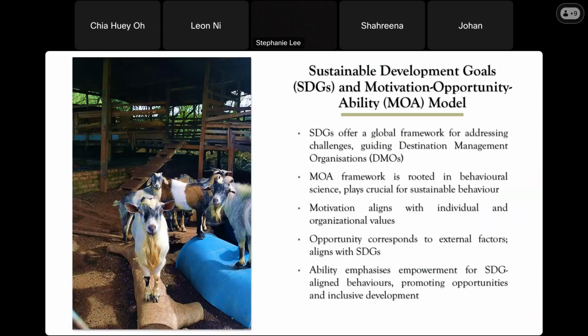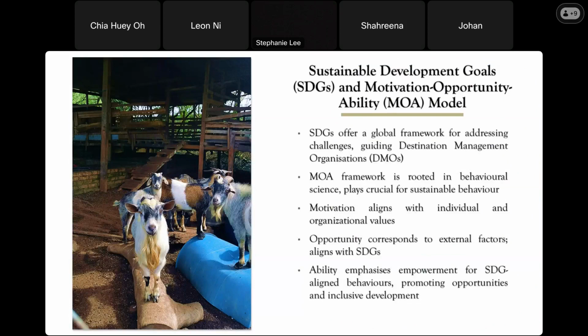So on this next slide, I will explain the SDGs and how they are linked to the MOA model. In our quest to address global challenges comprehensively, these SDGs stand as a beacon, providing a holistic framework to scholars.